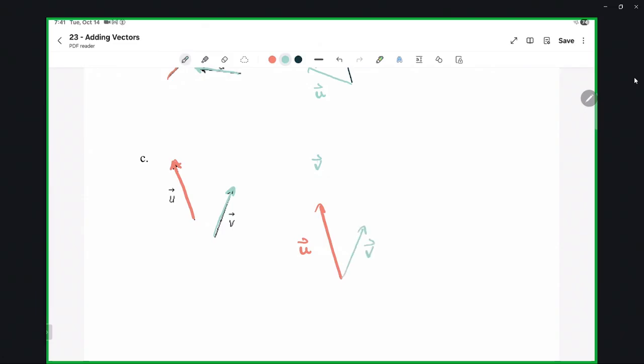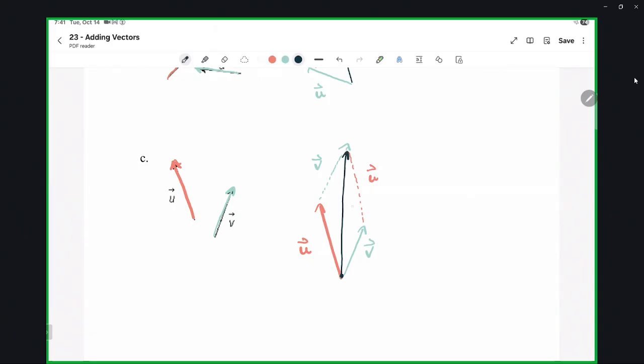There's vector v, so we want to make a copy of this above. It's typical to have the copies as dotted lines. And we'll have the copy of vector u as well. The resultant goes from the tail of the first vectors to the head of the other two vectors.